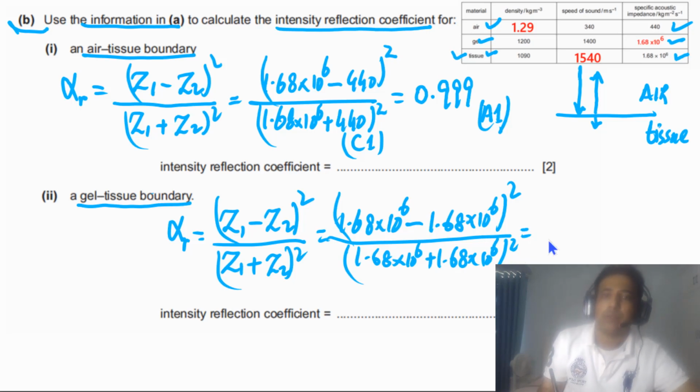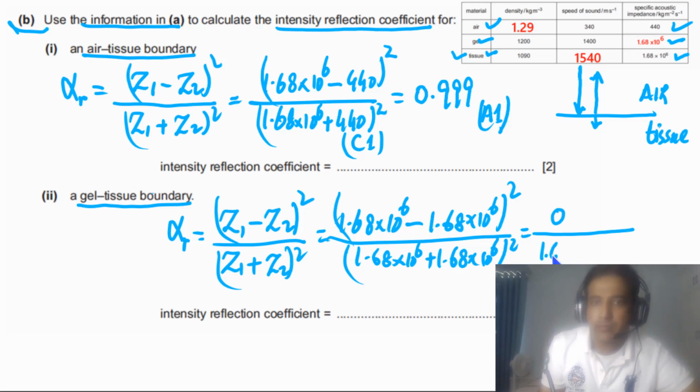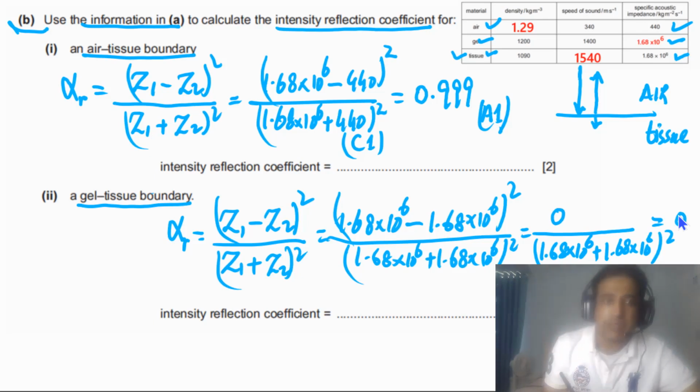If we solve this, we will get 0 divided by this. So in this case we will get 0. It simply means that reflection is 0.